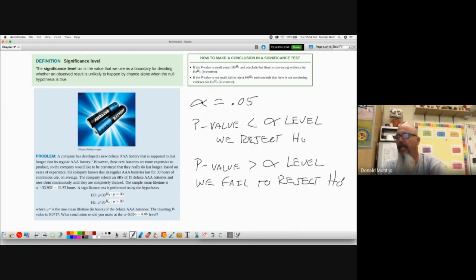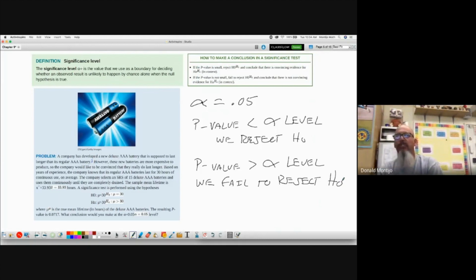We never accept the null. Okay, we're never going to say we accept the null. Think about it. You can't accept the null, right? We reject the null, but we can't accept the null. Okay, if the p-value is small, reject the null and conclude that there is convincing evidence in favor of the alternative.